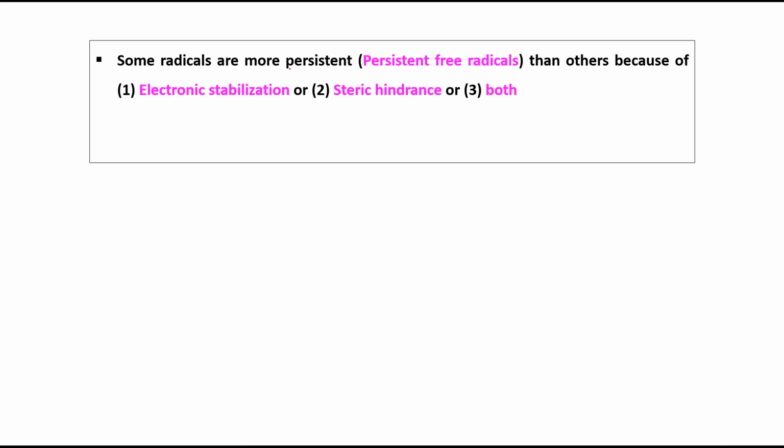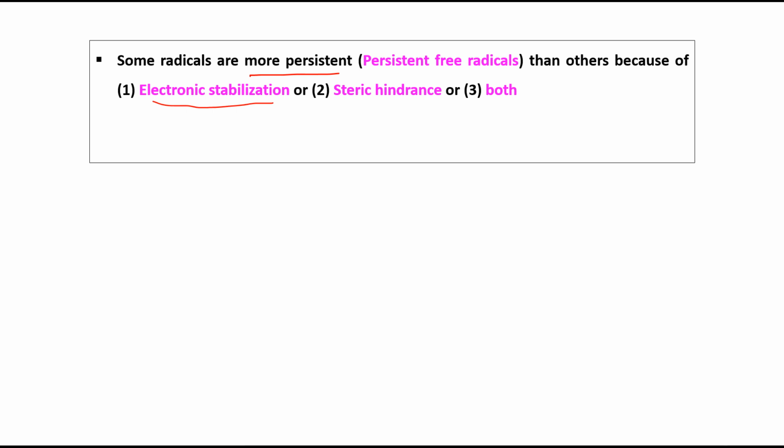There are some radicals that are more persistent, and we use the term persistent free radicals because they are more stable compared to other radicals. Now what is the reason for their stability? It may be electronic stabilization. Electronic stabilization you have already seen, that is electron withdrawing and donating groups, and remember it also includes conjugation, hyperconjugation, and inductive effect.